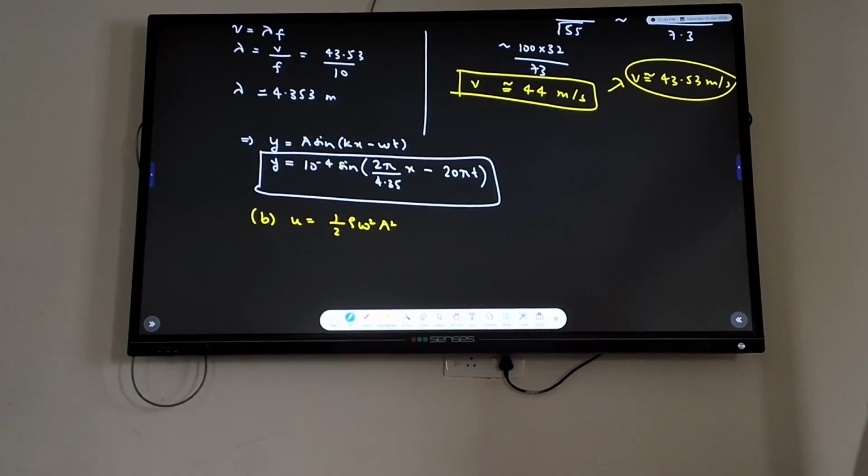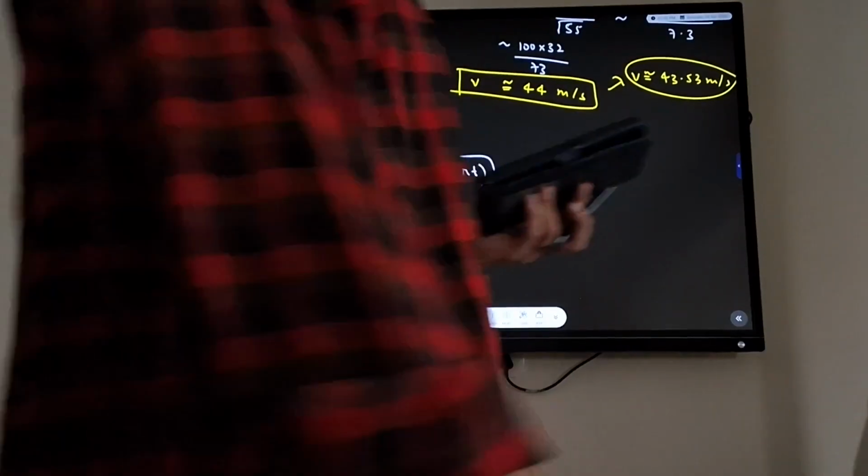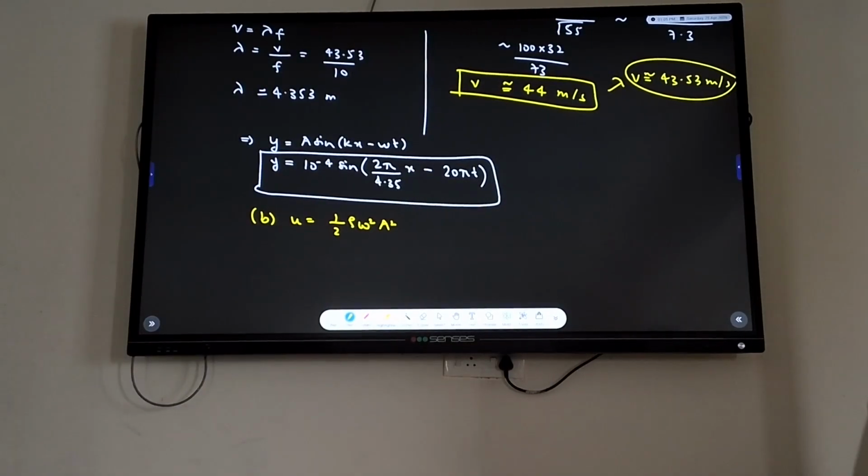So power is 0.43, incorrect, very good, it's 4.53 into 10 to the power minus 5. पावर्स में गायब हो गए बेटा। 8.3 into 10 power minus 2, yes correct, ठीक है.